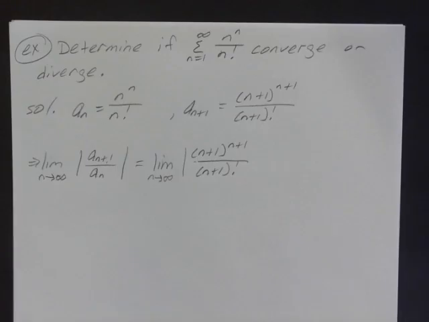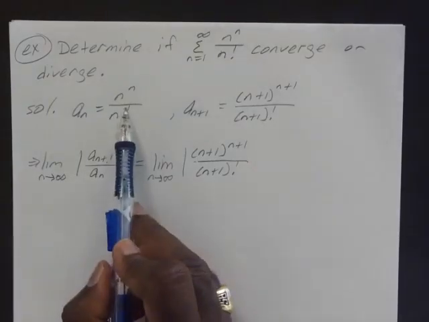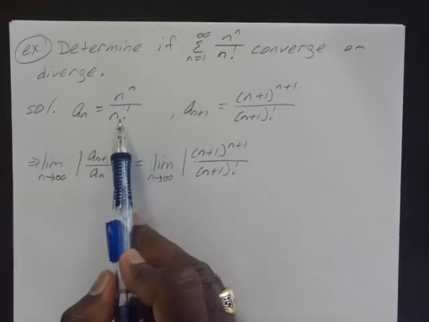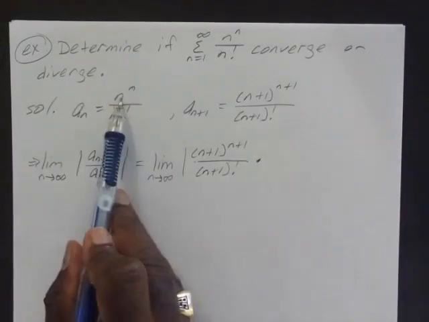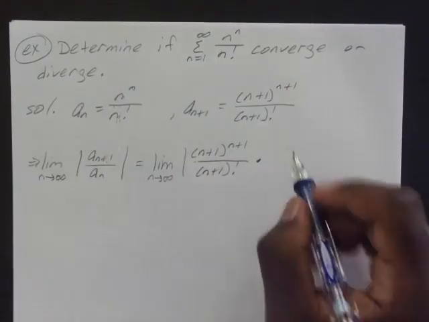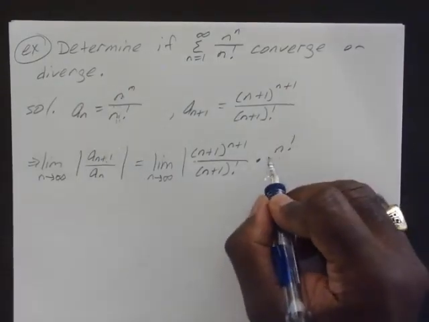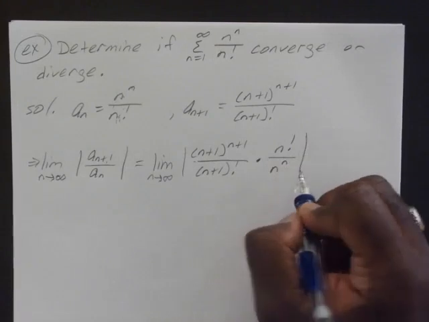Okay. And to save steps, we know it's going to be divided by n to the power of n divided by n factorial, but we're going to change the division to multiplication and flip the second fraction. That's n factorial over n to the power of n.